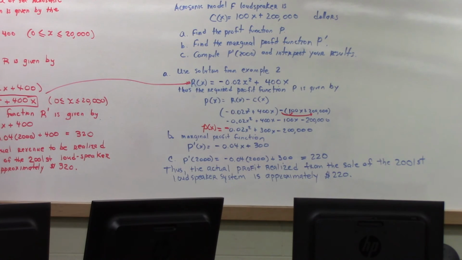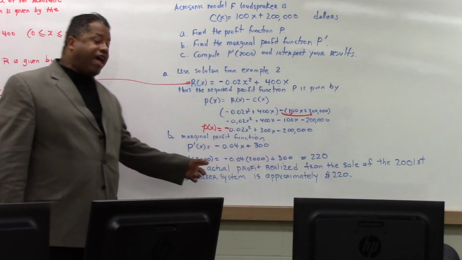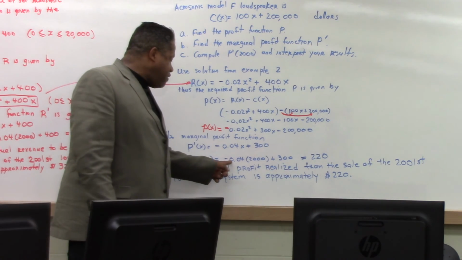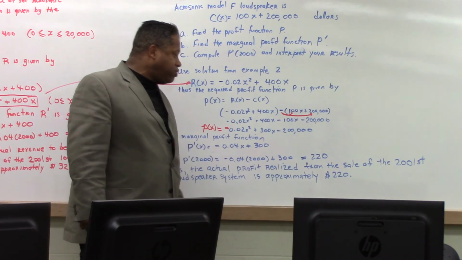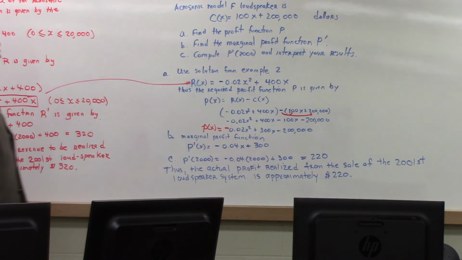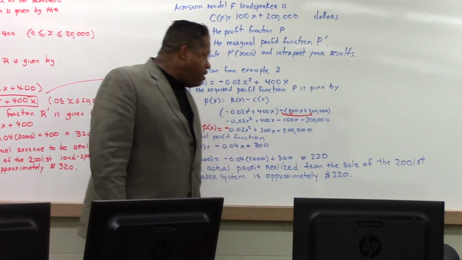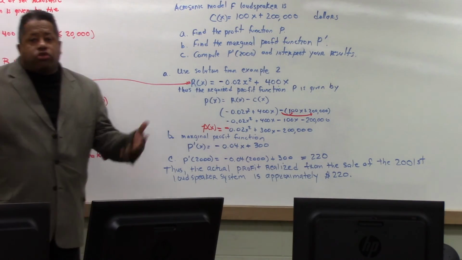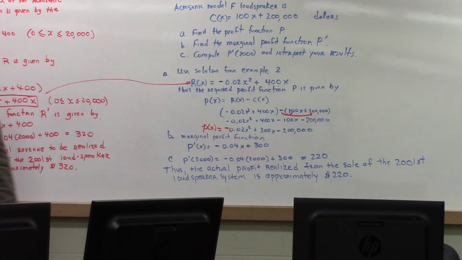Now the marginal profit function at 2,000 is negative 0.04 times 2,000 plus 300, and that's going to equal 220. So thus the actual profit realized from the sale of the 2001st loudspeaker produced is approximately $220.